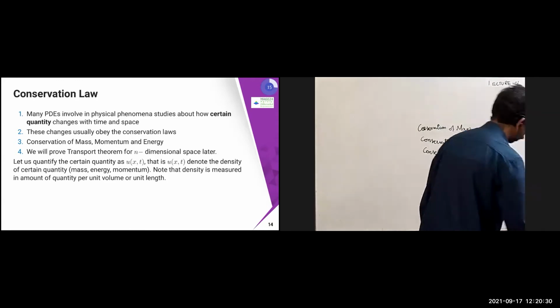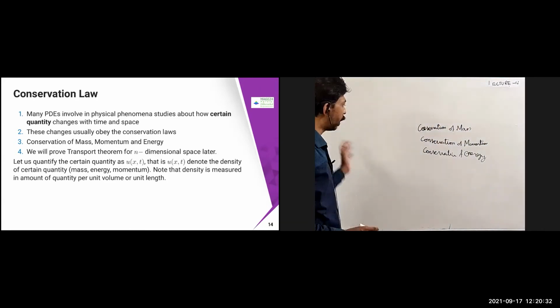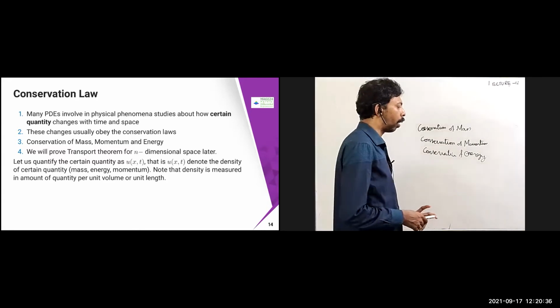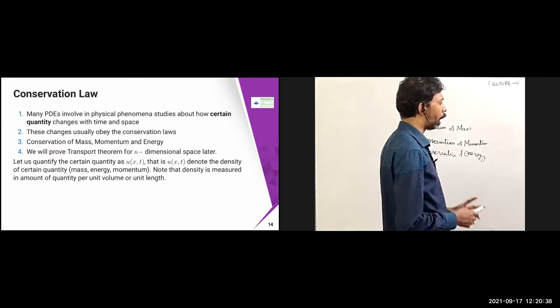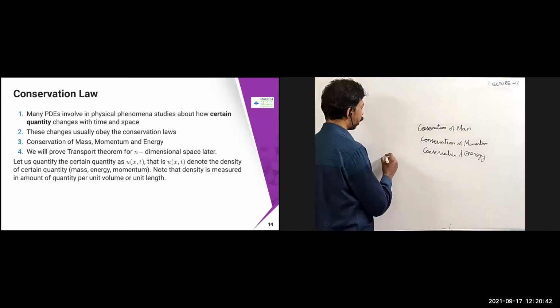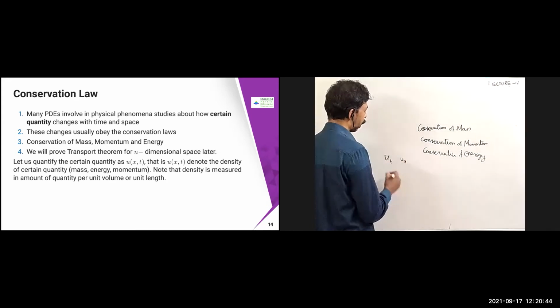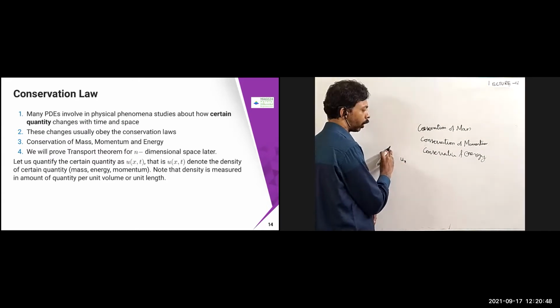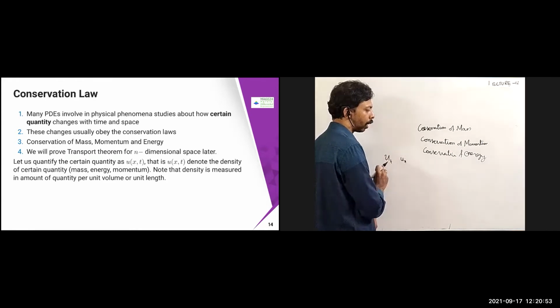So the many PDEs I explained in the first class or second class are about physical phenomena, about how a certain quantity changes in time and space. That's what we have to define, so either you define ut or ux or utt, uxx, etc. It may be velocity, temperature, or some pollutant.